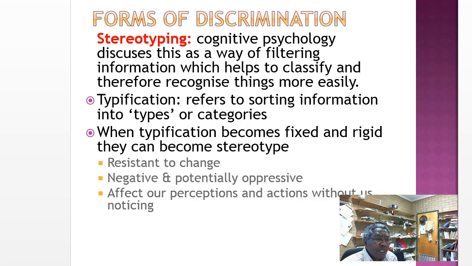Looking more closely, you can think of different types of discrimination. An example here is stereotyping, where cognitive psychology discusses this as a way of filtering information to help classify and therefore recognize things more easily.